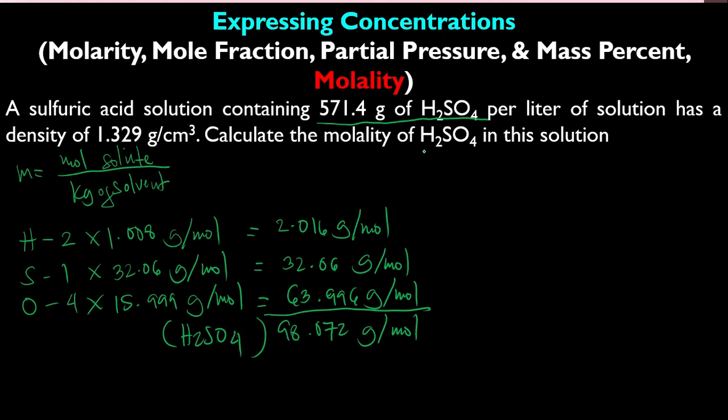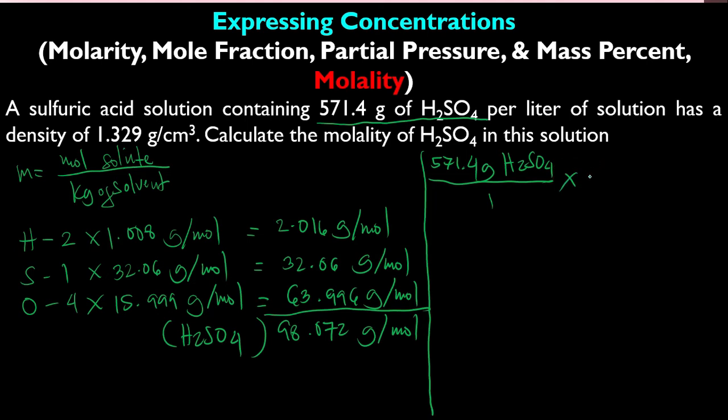So to get the number of moles of the solute, which is dihydrogen sulfate, we will use the molar mass and the mass of our solute. So we have 571.4 grams of dihydrogen sulfate over 1, multiplied by its molar mass.